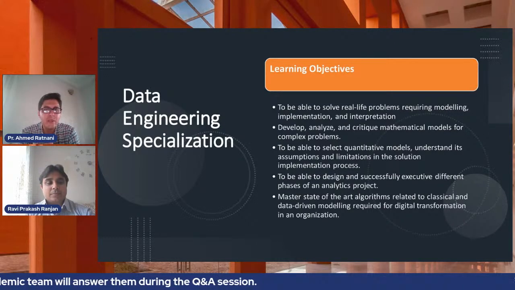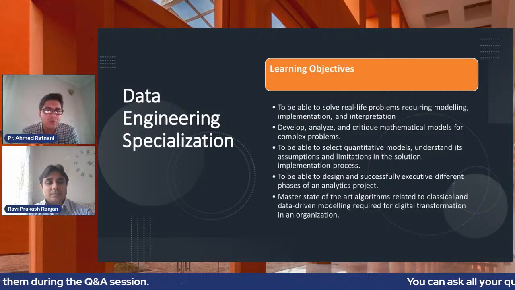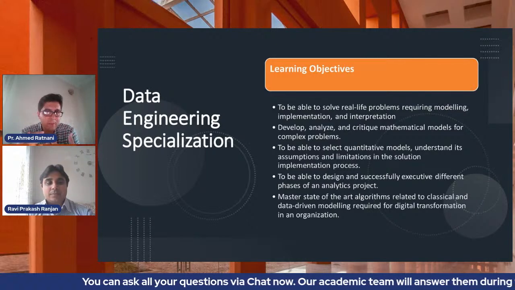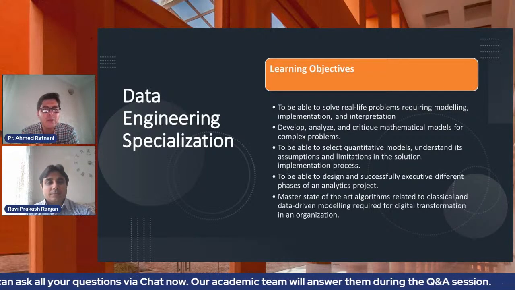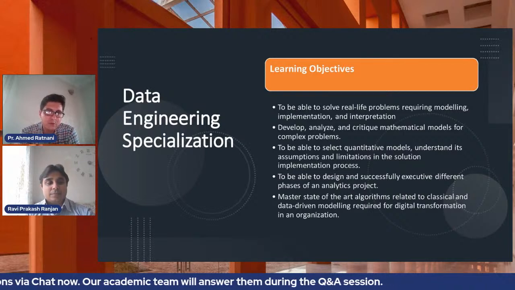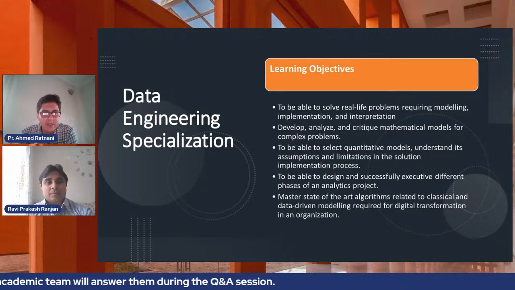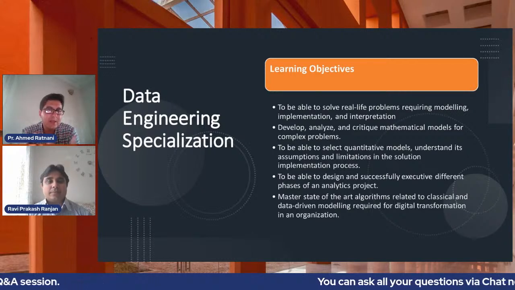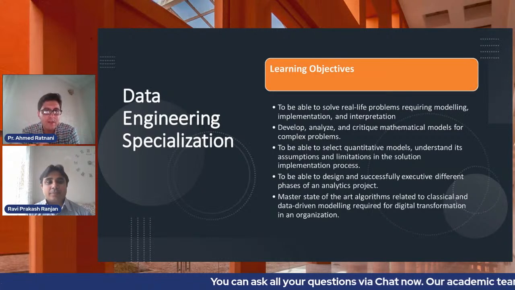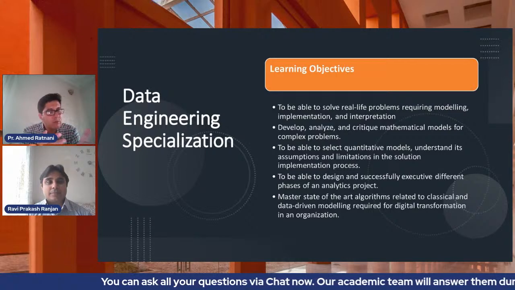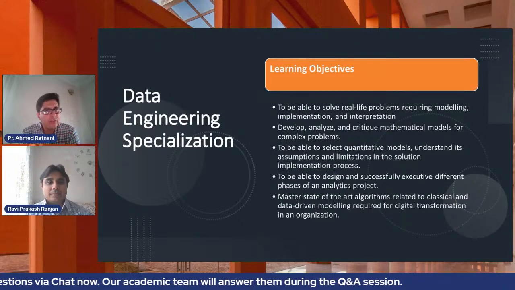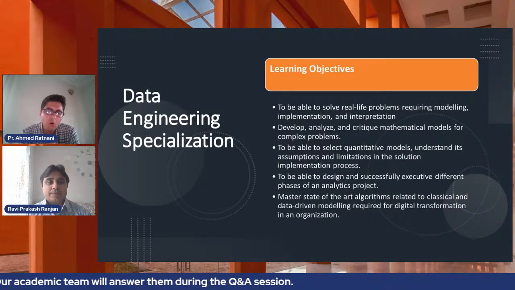Because we want them to be able to solve real life problems that require modeling, implementation, and interpretation. We want them to be able to develop, analyze, and criticize a mathematical model for complex problems. So it starts with small problems, but then it can become very complex. And then we want them to be able to select the appropriate models to use. We want them to go from the selection of the model to its deployment, which means that we want them to be able to go through all the pipeline.